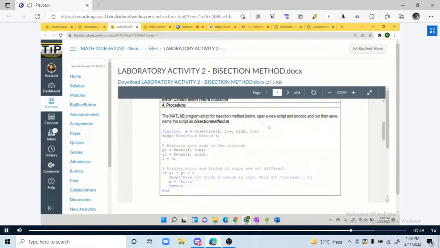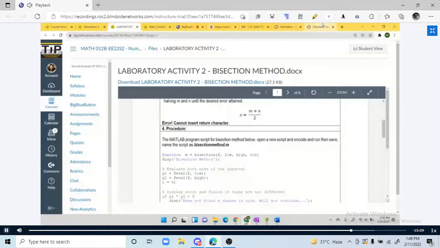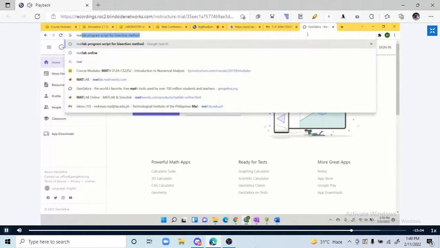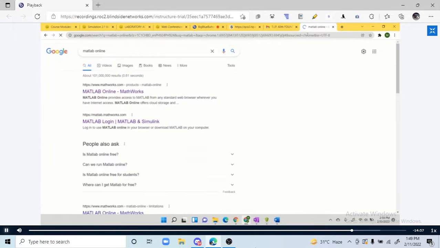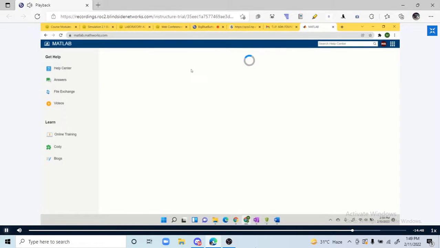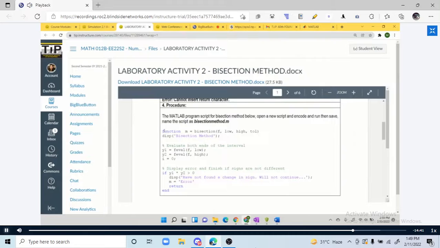Activity number 2. Ganun pa rin to, no? Kaya lang ito, purong bisection method lang. Walang regular fallacy dito. In your MATLAB, copy nyo lang to.